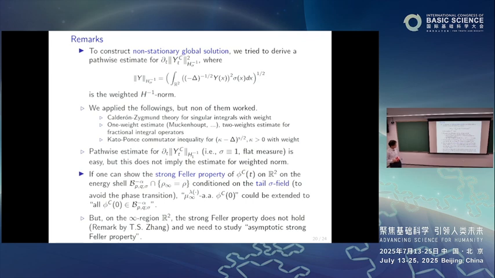He considered a much easier SPDE, but on the whole domain, the strong Feller property doesn't hold. Therefore, maybe we have to be careful. Maybe our next goal is to show this one. But maybe Martin Hairer introduced the asymptotic strong Feller property. Therefore, maybe we will try to study this property next, to extend this from almost all to all. Okay, these are the remarks.